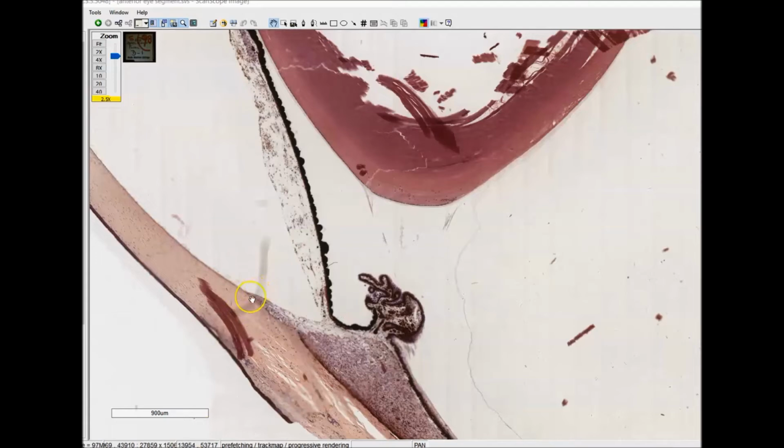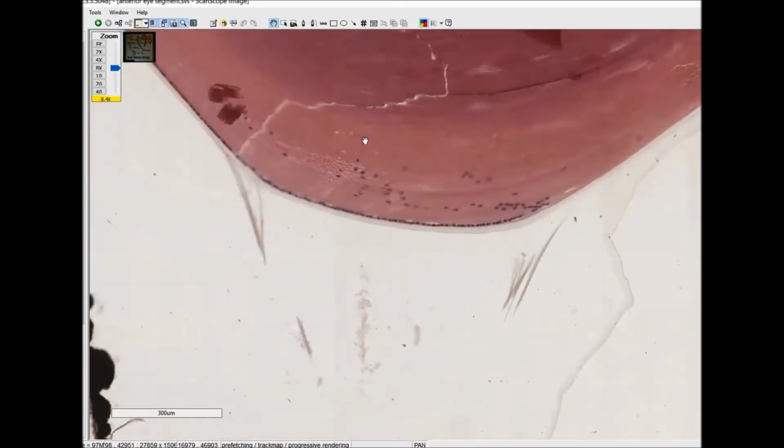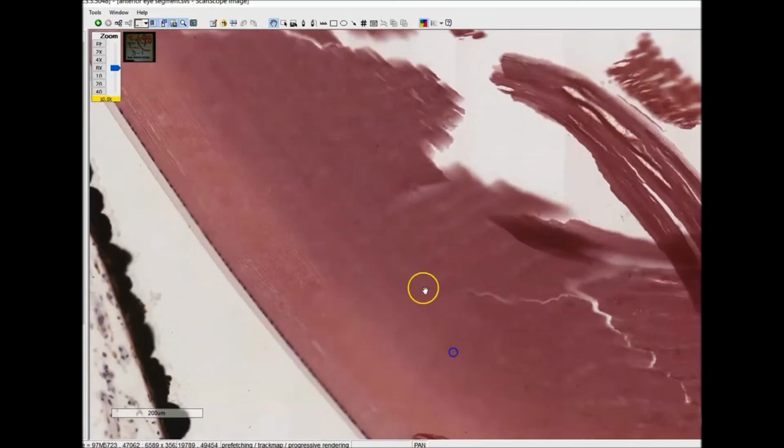The lens itself is very difficult to fix properly, and large lenses are really just almost impossible to get much of except for the outer ring like you see here. But you can see a couple of interesting features. Number one, you can see that the bulk of the lens is made up of these long skinny cells called fibers. You see how long and thin they appear.